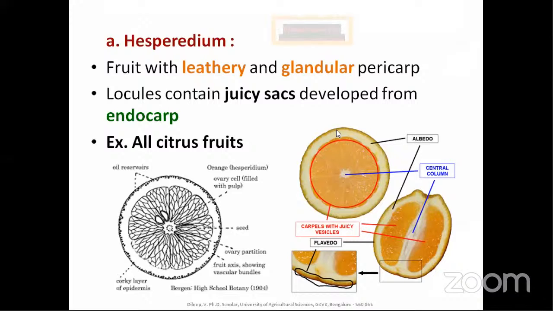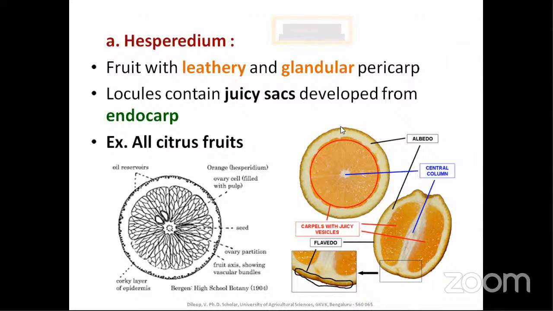The outer layer is called flavedo, and it contains oil glands. Many people still have confusion about flavedo and albedo. The outer is the epicarp, the middle is the mesocarp, and the big inner portion is itself the endocarp.